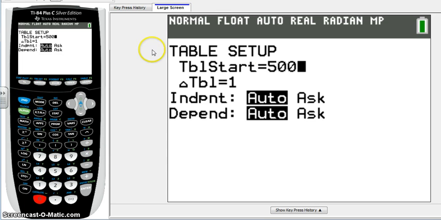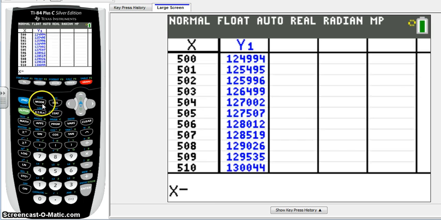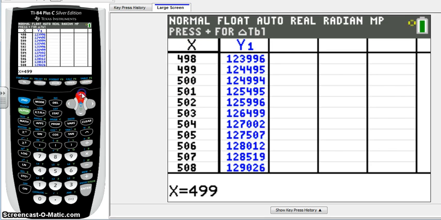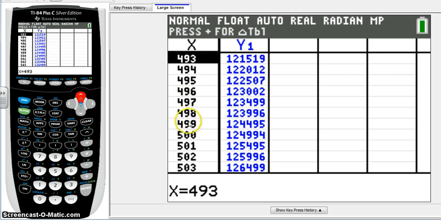I can tell my table to start at x equals 500 and go back to the table. Now I see where x is 500. So as a student, instead of taking my arrows and scrolling one by one to get to x is 500, I could start my table at 500 to get that value.